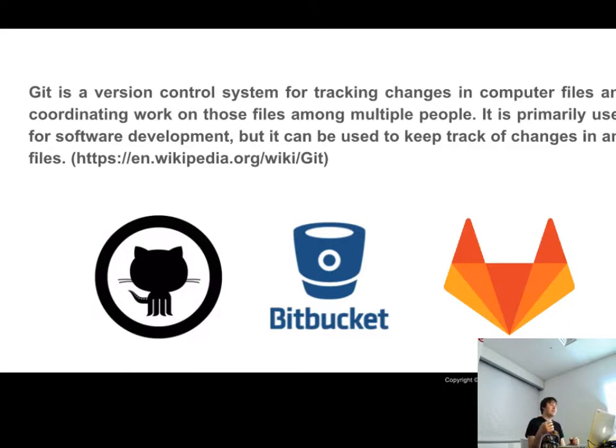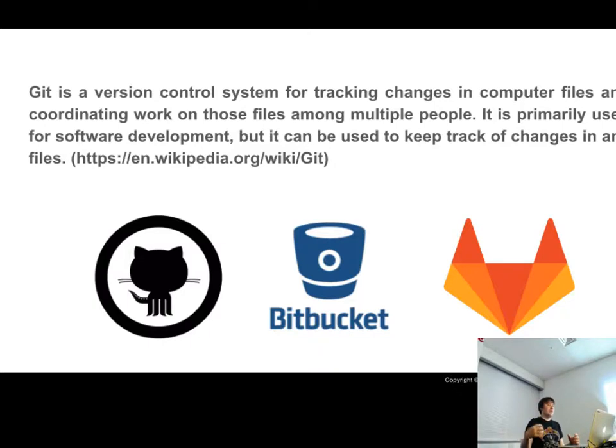mostly used by developers because we work with files, like text files, and we always want to store file snapshots and then go back and forth in time to compare the changes that we add to those files.